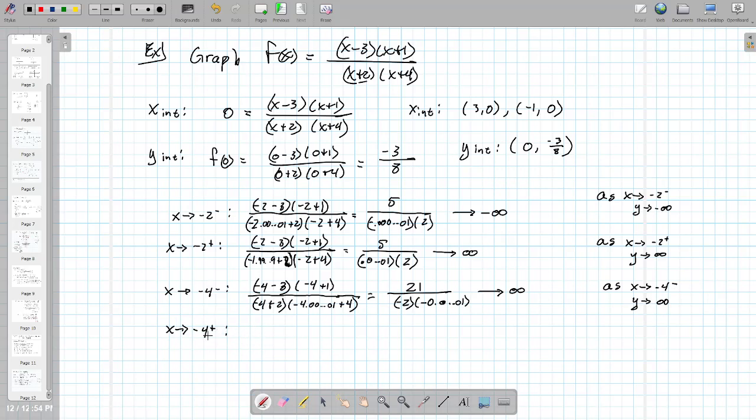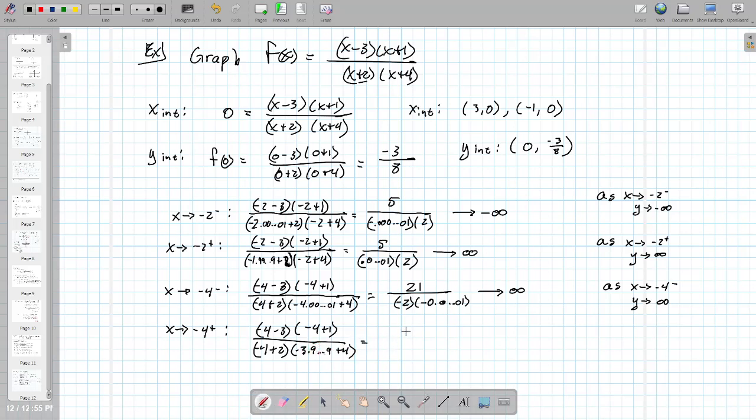So we do this again, but from the right this time. So negative 4 minus 3 times negative 4 plus 1. This is the numerator, divided by negative 4 plus 2 times, now we're on the right side of negative 4, so it's going to be negative 3.999 with an arbitrary number of 9s, plus 4. And negative 3.9999 plus 4 is going to be a positive but arbitrarily small number.